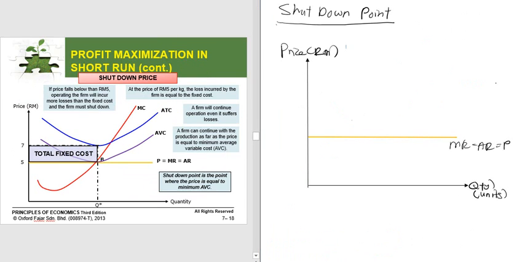Okay, next is where we want to know at what point the firms in a perfect competition market should continue with production, or should they shut down the production? So how do we determine the shutdown point or the shutdown price? We can see from this slide here. Previously kita dah tengok how a firm is making losses.